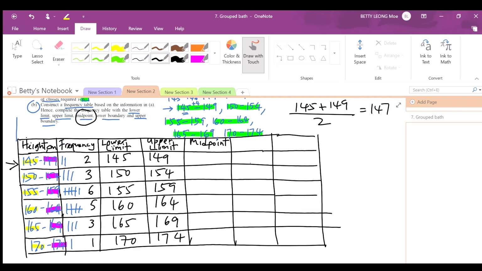You just add the upper and lower, and then you divide by 2. The others you'll get 152, 157, 162, 167, and 172.